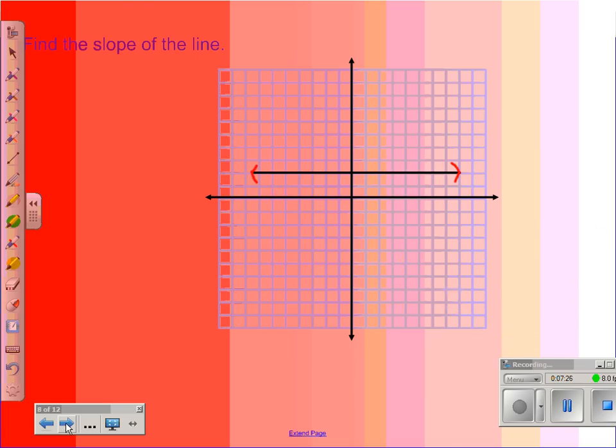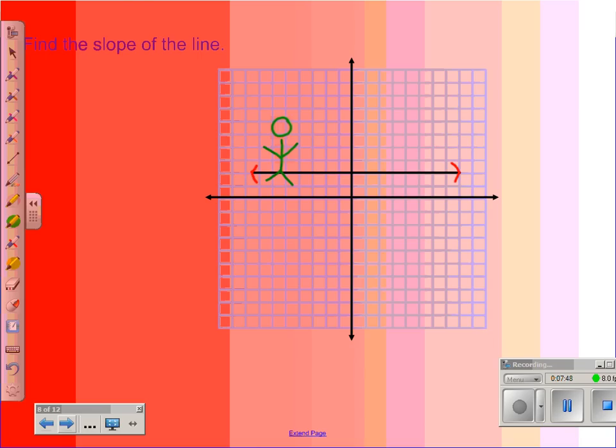Then we have some special cases. This line, as you can see, is perfectly horizontal. And so if a line is perfectly horizontal, this is what I want you to think of. I want you to think that a person could stand on this line. Imagine a person who is trying to ski, and they can stand on this line.